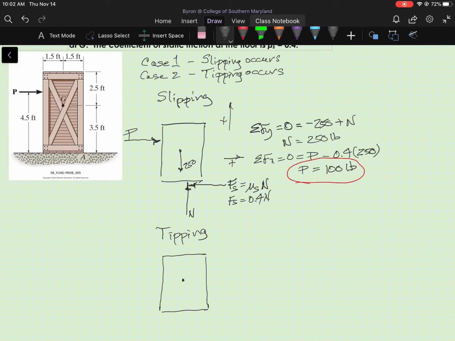I'll show the weight at G and the distance from G to the front of the crate, or the right edge of the crate, is 1.5 feet. I'll show P. P is 4.5 feet away from the ground.